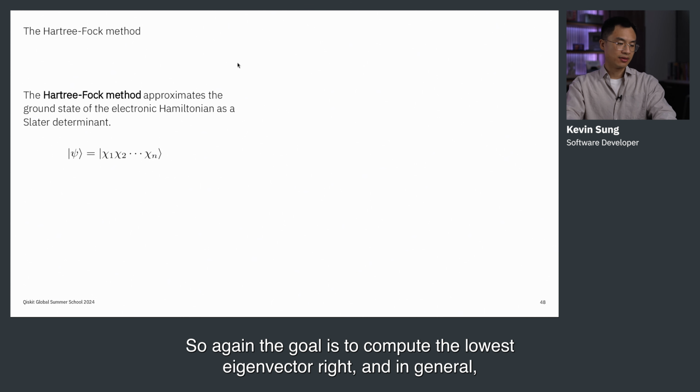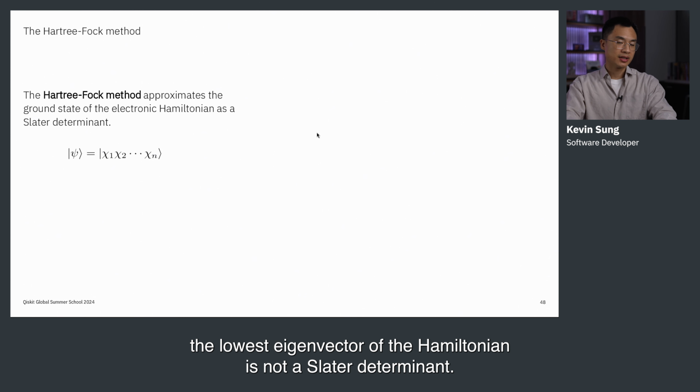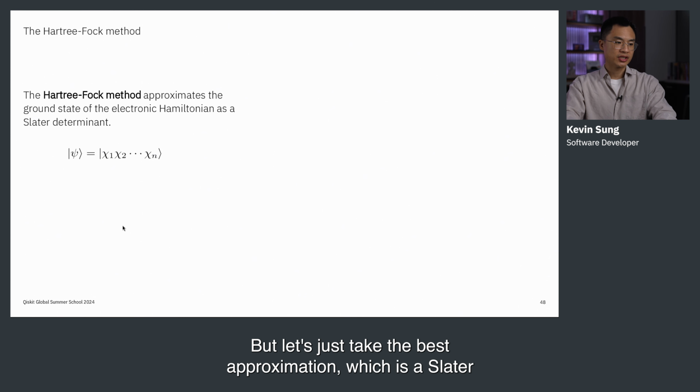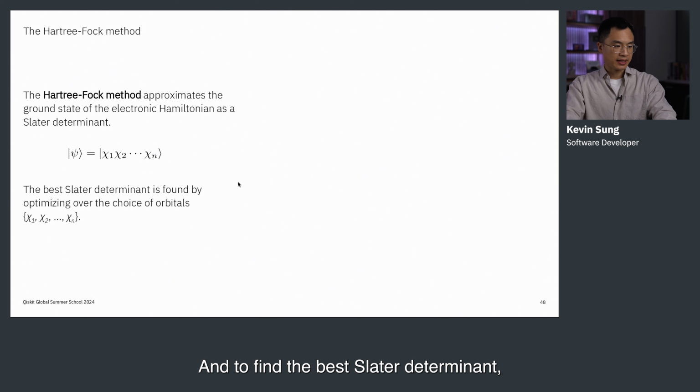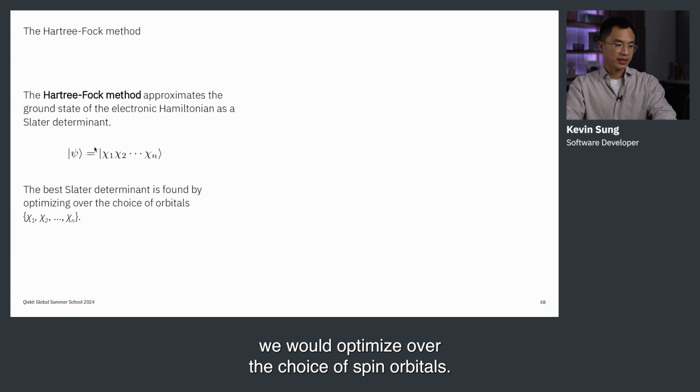So again, the goal is to compute the lowest eigenvector, right? In general, the lowest eigenvector of the Hamiltonian is not a Slater determinant, but let's just take the best approximation, which is a Slater determinant. And in this expression, psi is a Slater determinant. To find the best Slater determinant, we would optimize over the choice of spin orbitals.